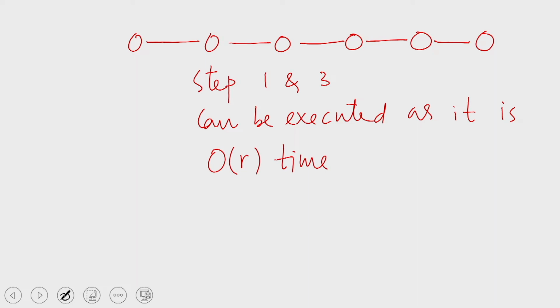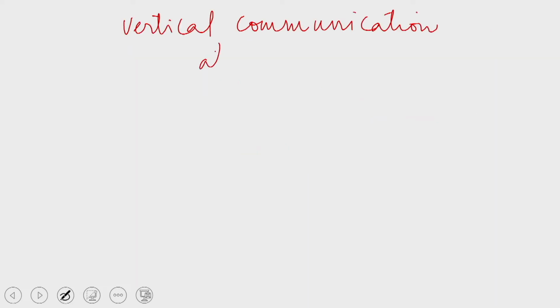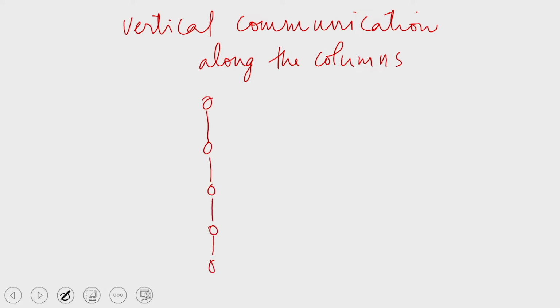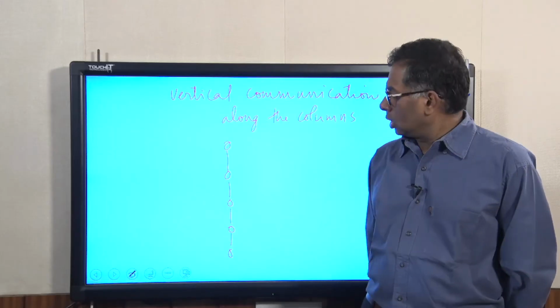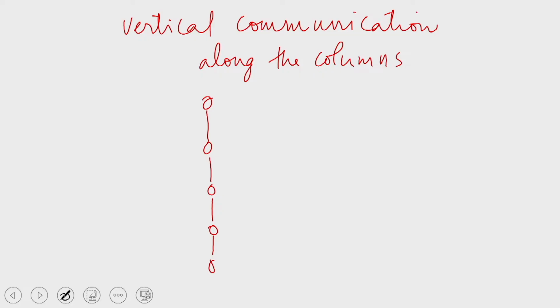What remains is the vertical communication along the columns. If we had vertical connections of this sort, that is, had our network been a 2 power r by r mesh instead of a wrap butterfly as it is now, then it would have taken 2 power r steps to do the vertical communications.